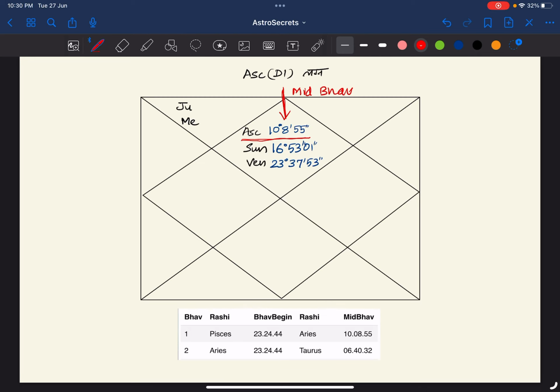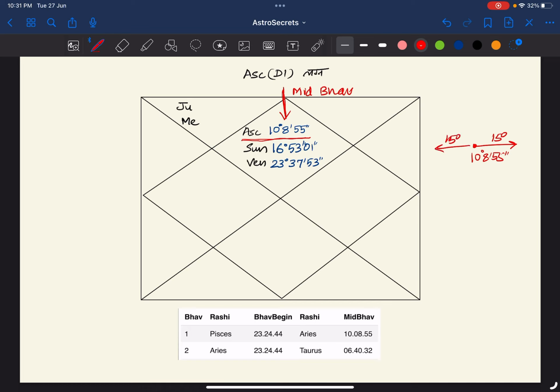Let's suppose I'm drawing it. Let's say this is my midpoint, 10 degrees 8 minutes 55 seconds. I need to go back and calculate, so let's say here it will be 15 degrees, and on one side 15 degrees.